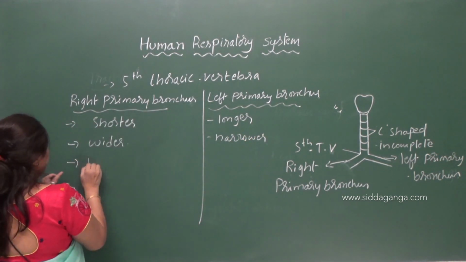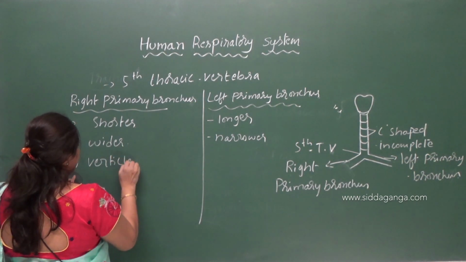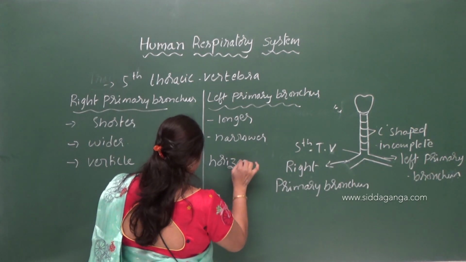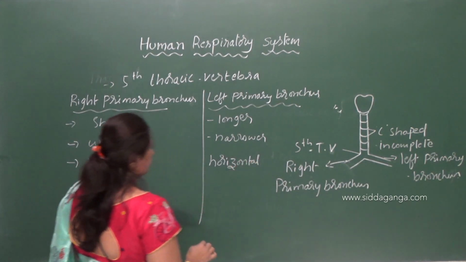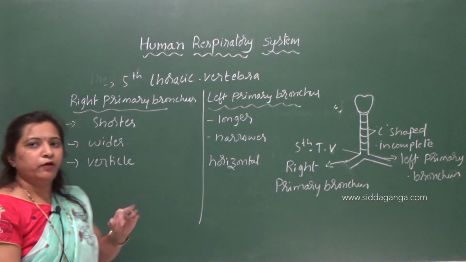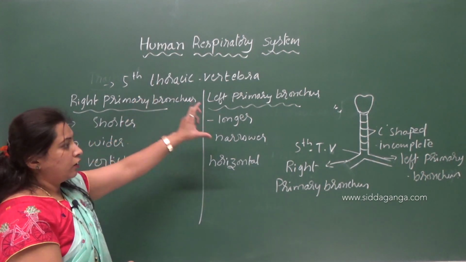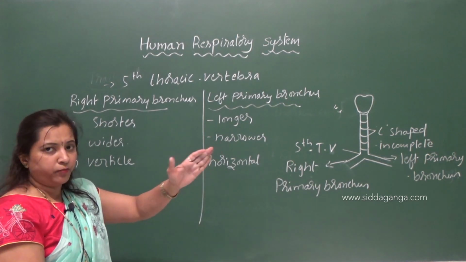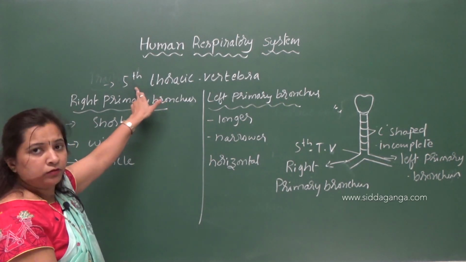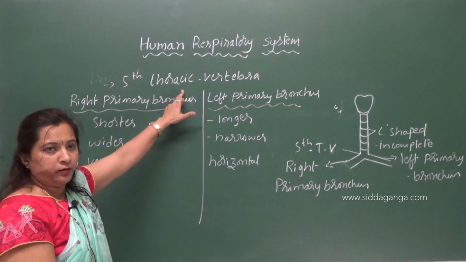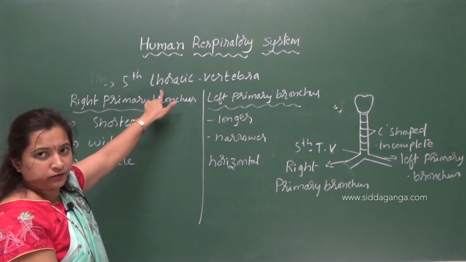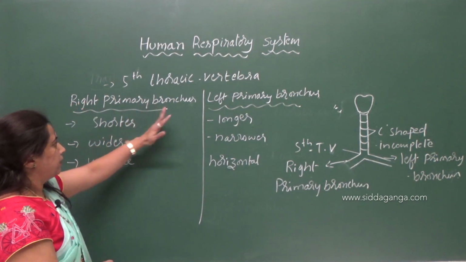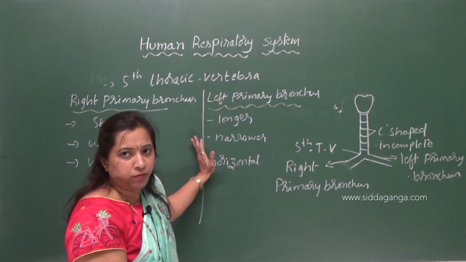The right is more vertical, but the left is more horizontal. You have to remember all these things for your NEET exam. The trachea divides into the right and left primary bronchi at the level of the fifth thoracic vertebra. This question may be asked in NEET, and you have to remember the difference between the right and left primary bronchus.